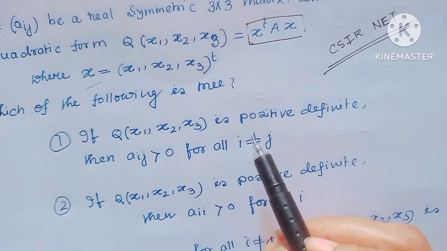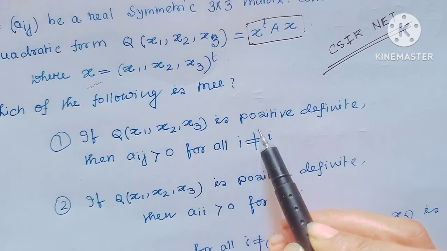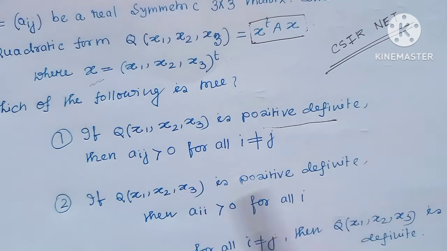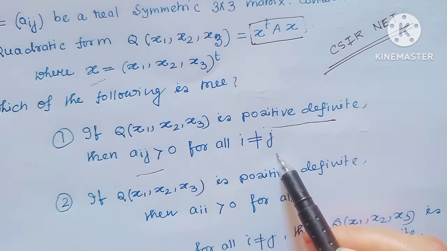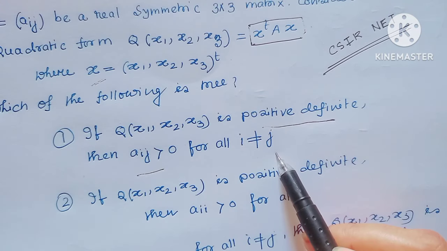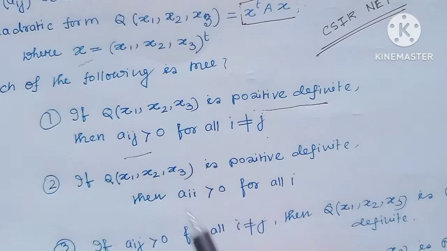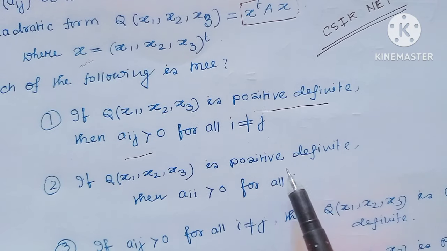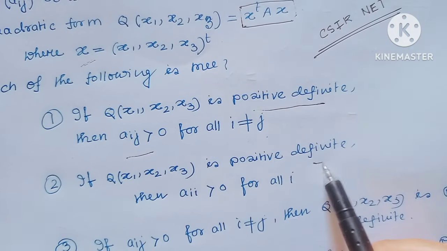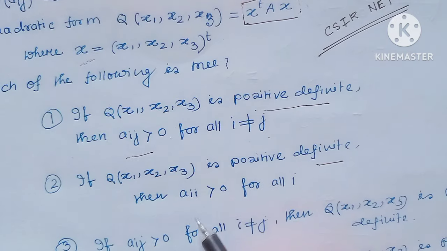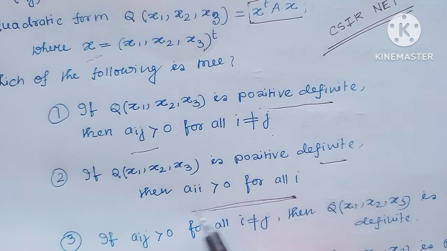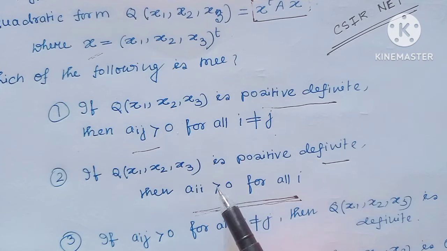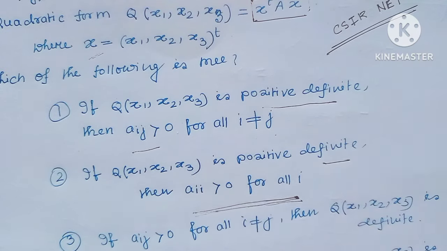Then which of the following statements is true? Option 1: if Q(x1, x2, x3) is positive definite, then all aij greater than 0 where i not equal to j. Option 2: if Q(x1, x2, x3) is positive definite, then aii greater than 0, meaning all diagonal entries are strictly greater than 0 for all i.